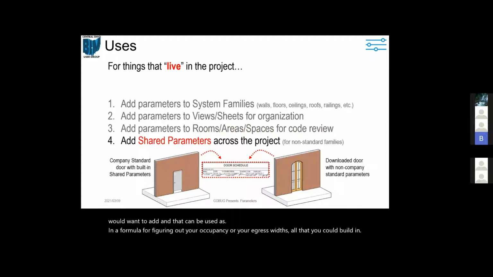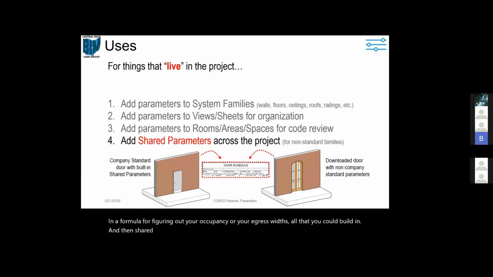And then shared parameters are also something that you could add in, which is a little confusing, but in order to apply a shared parameter to a family that is in your project that doesn't have that shared parameter built in, you can add it as a project parameter, and then you can use that on those families.